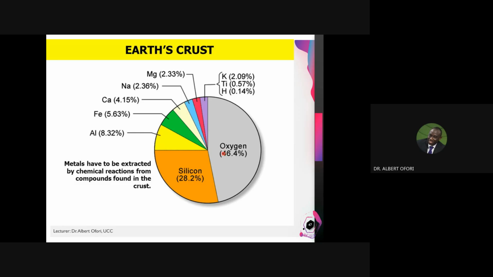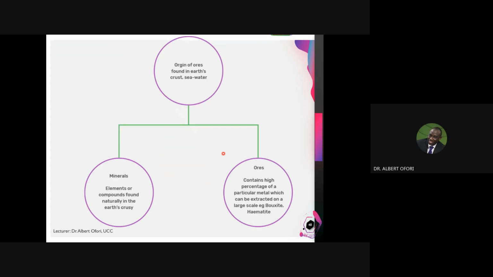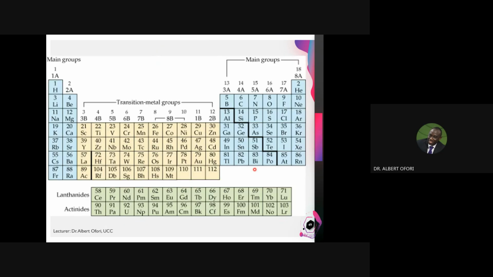If you look at it, all the elements we're going to study, especially the metals, we can also get from seawater. A lot of them are deposited there, where we can have the minerals in all forms. So this is what we want to be doing.